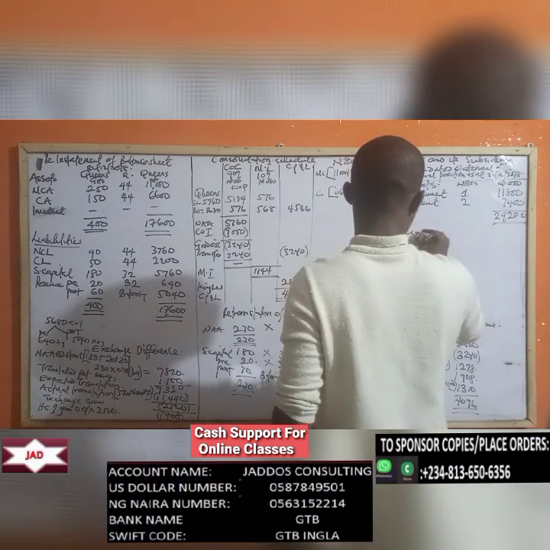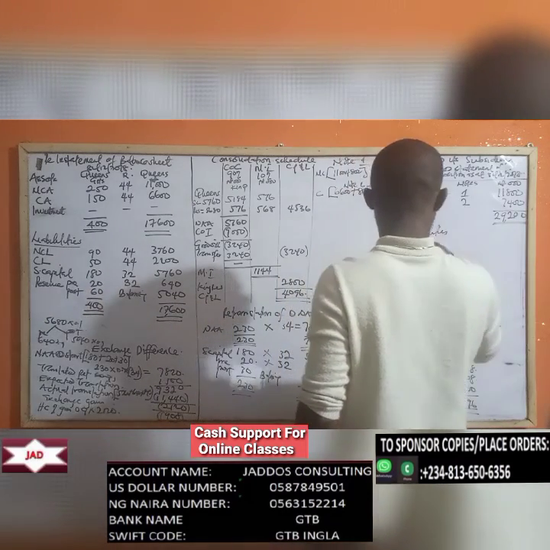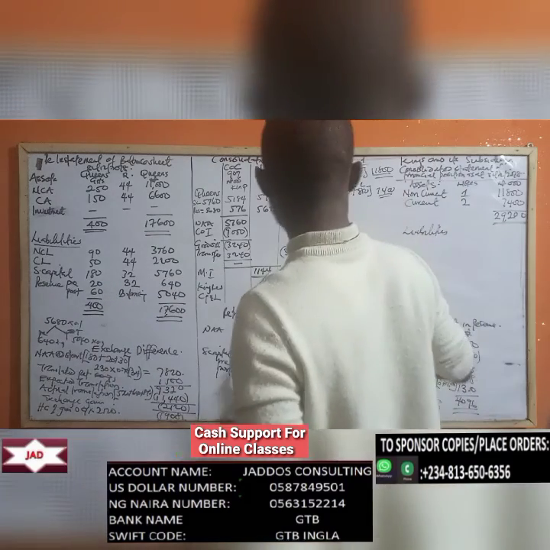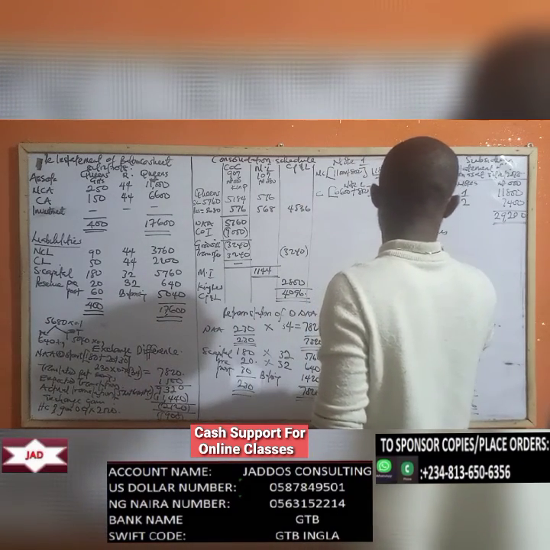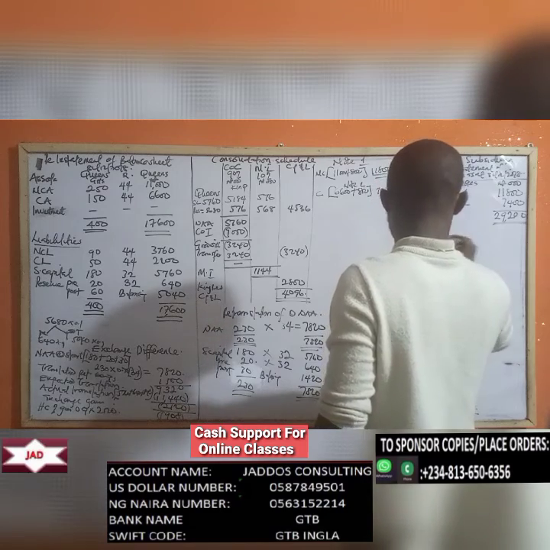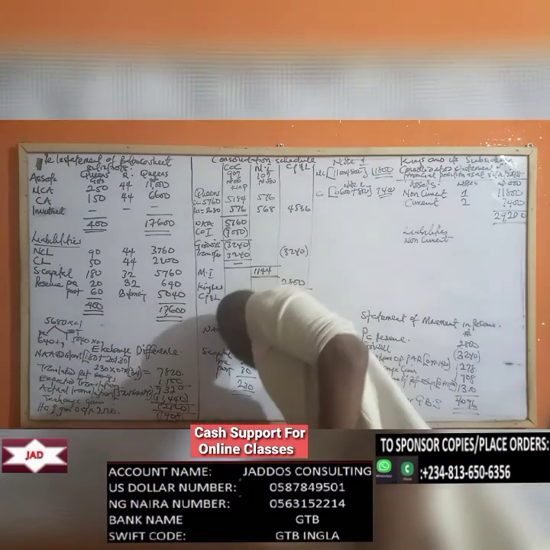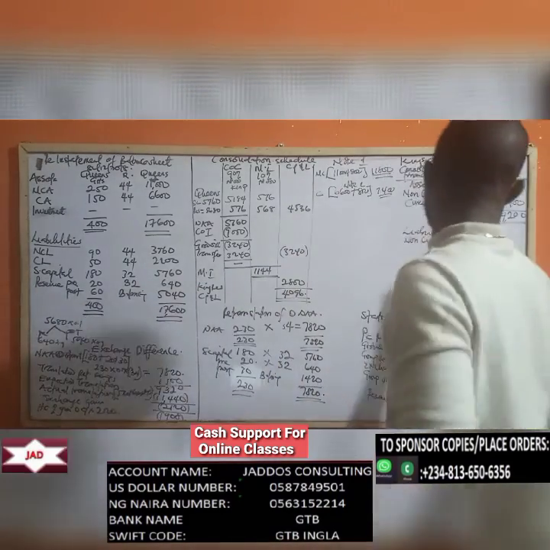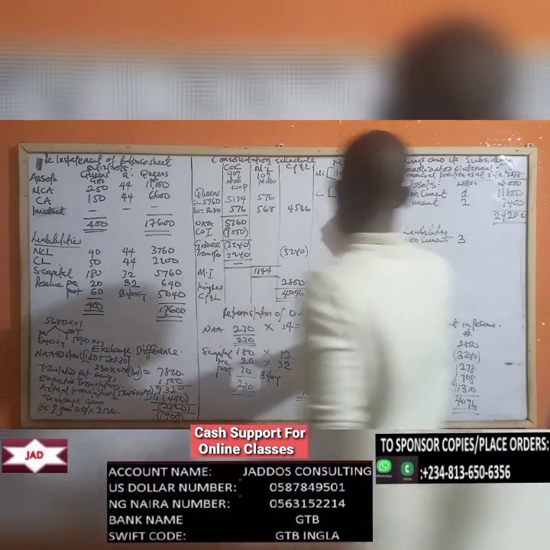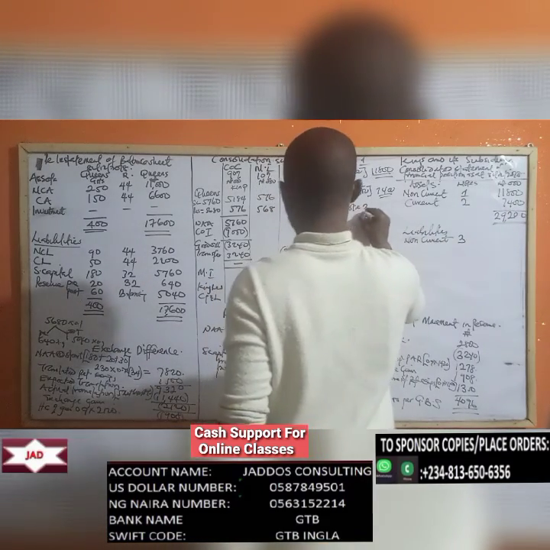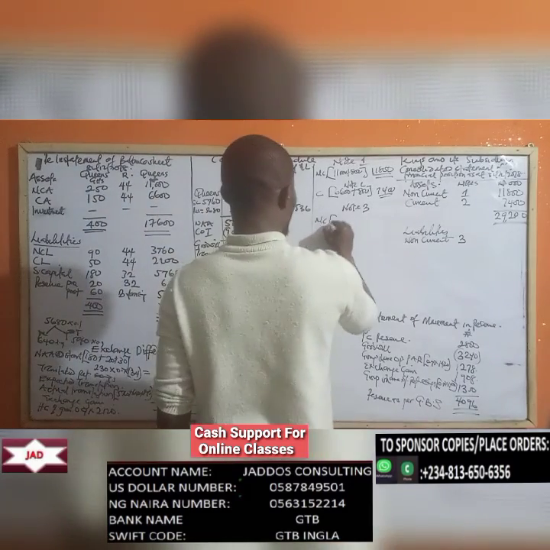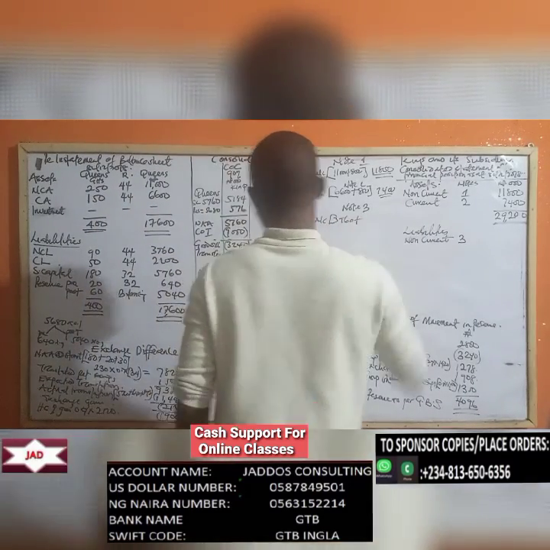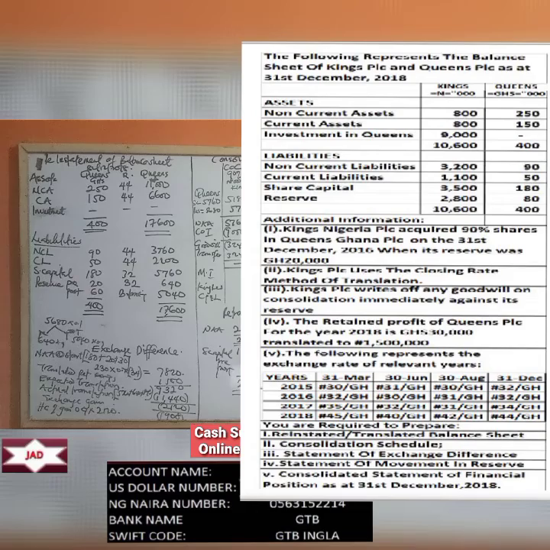So liabilities, non-current liabilities. Let's go down to note 3. What do you have? 3,960 plus that of Kings, which is 3,200.